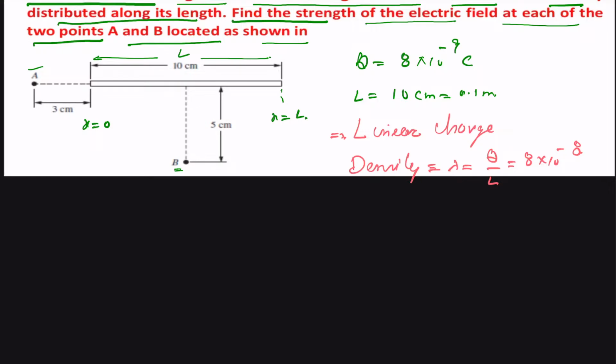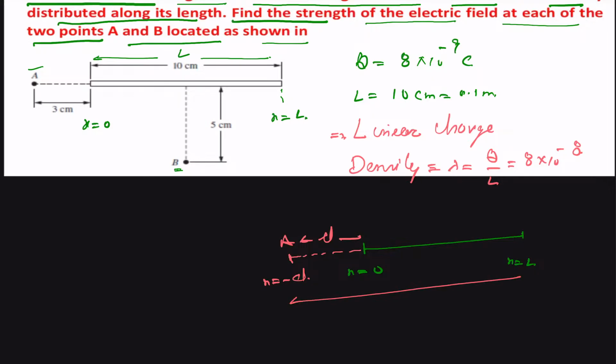So this is our x equal to 0 and x is equal to L, and this is point A, and let us put point A at a distance D. So this will be at x is equal to minus D, and from the other end the total distance will be equal to D plus L. And on this rod, let us consider a small element of length dx having a charge of dq, and it is at a distance of x from the origin, that is x is equal to 0.